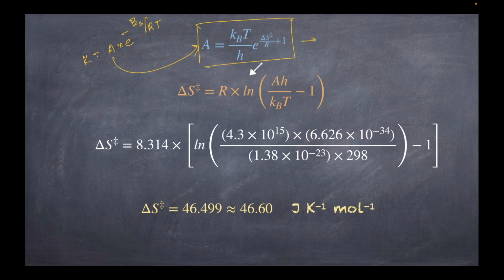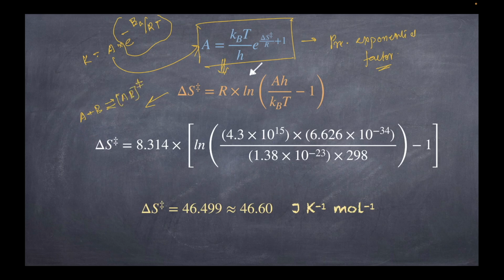Now A is called the pre-exponential factor, because the term A is appearing before this exponential term. Now from this expression we can find the expression of delta S double dagger, that means the entropy of activation for this reaction A plus B to AB double dagger.